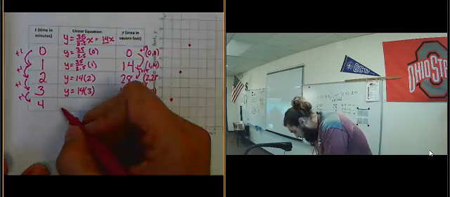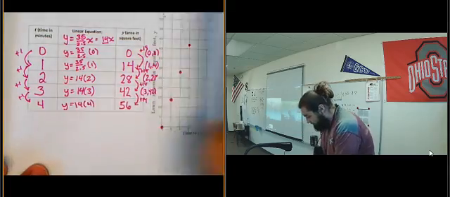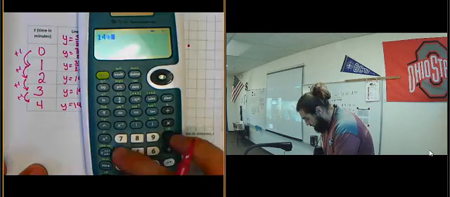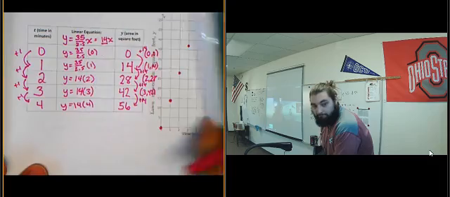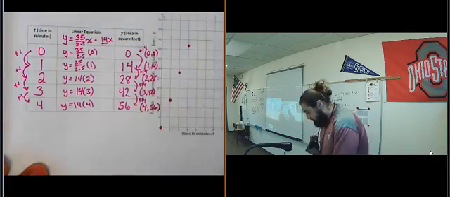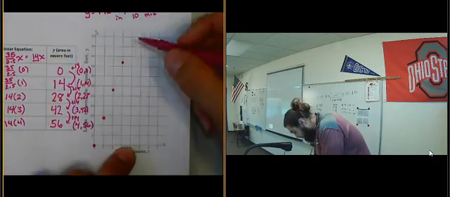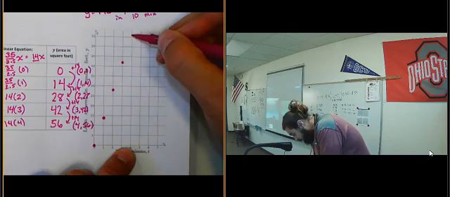But we can prove that as well by doing y is equal to 14 times 4. 14 times 4 is equal to 56. Wonderful. So now this data point is 4, 56. So we're going to tag that onto this here, 4, and up to just past 56.